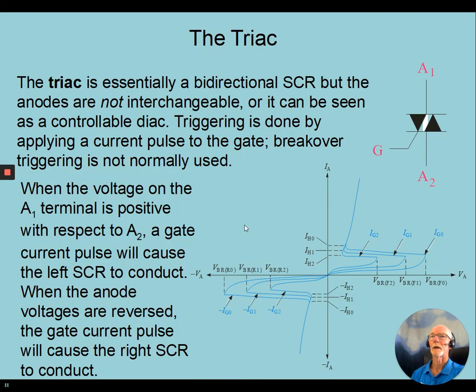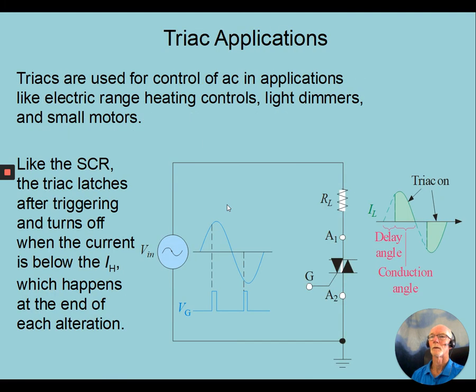The triac, on the other hand, is similar to an SCR, except it operates in AC, and we can control through its gate when it turns on, and it'll turn on in both half cycles. Where it's used, for example here, if we have some sort of a load, it could be a motor, it could even just be a light bulb, and we want to dim the light bulb, we can delay how far through the cycle before it gets turned on.